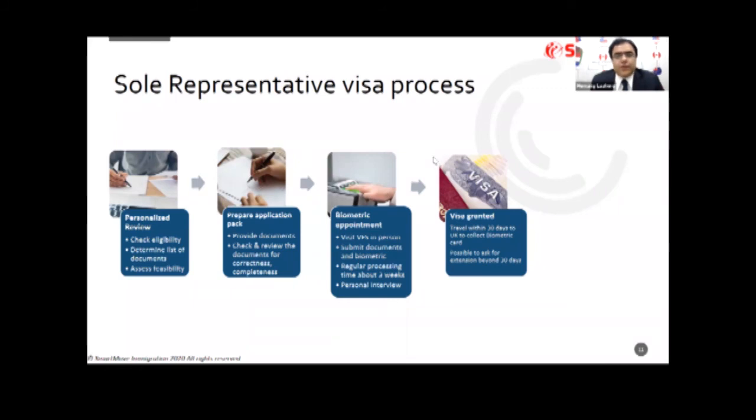And once the visa is granted, then you're required to travel to the UK within a period of 30 days and collect your biometric residence permit. Now, in the current environment, the Home Office will look at giving you a bit of an extension.